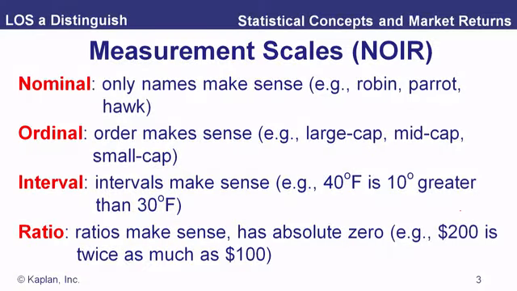So for the ratio scale, let's take an example of something where 0 is 0, and that would be money or wealth. If you've got 0, you've got none. If you've got $200, you have twice as much as if you had $100. So when there's an absolute 0 on the scale, the ratios make sense as well.